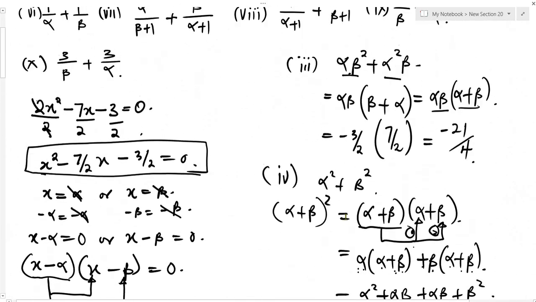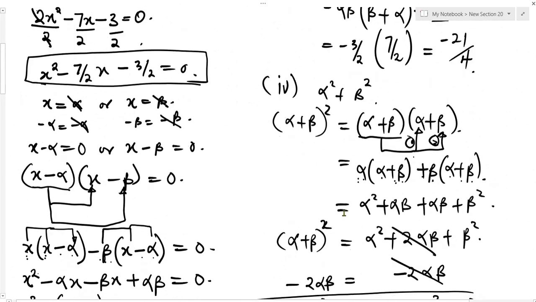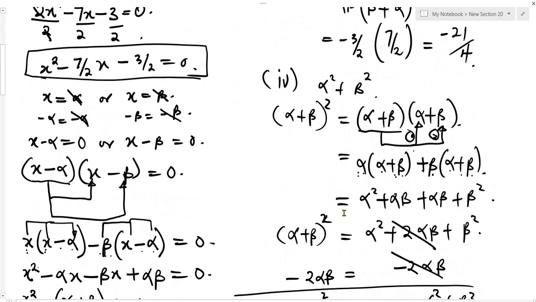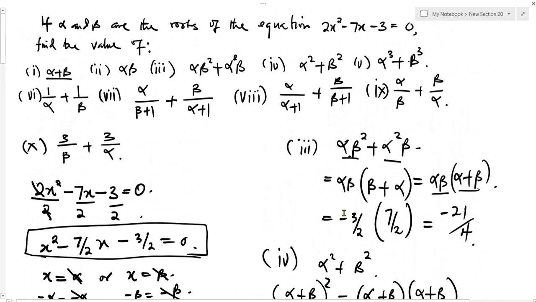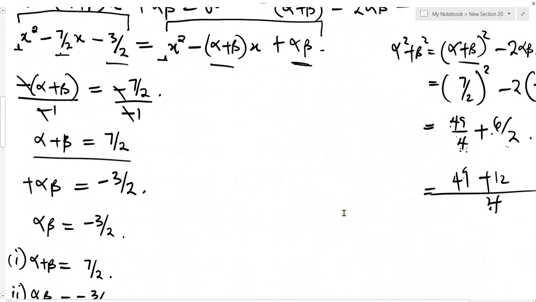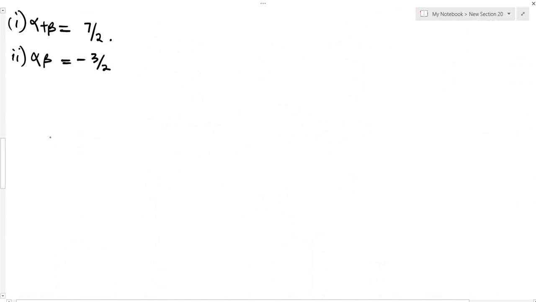So the next question is V. V is alpha cube plus beta cube. Now let's use alpha plus beta to divide this.